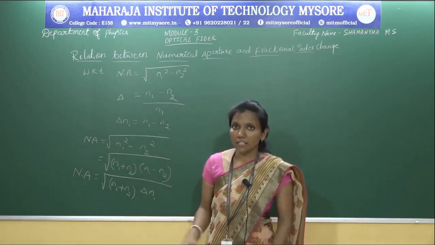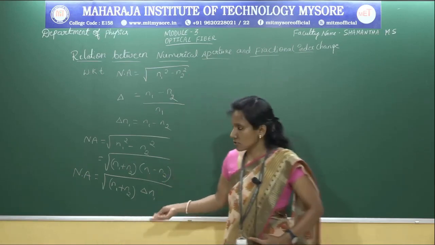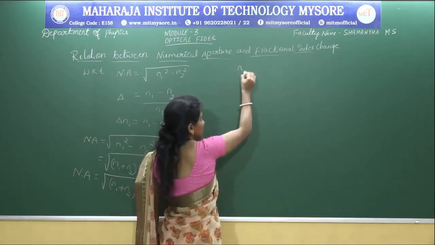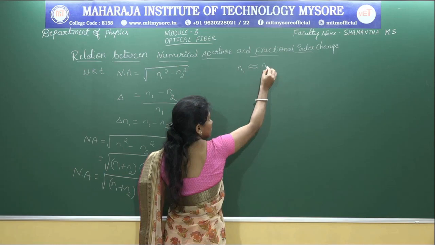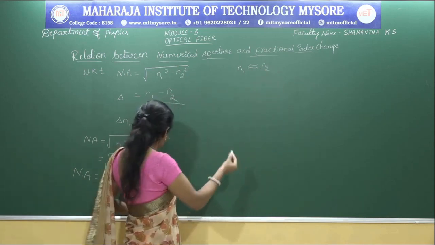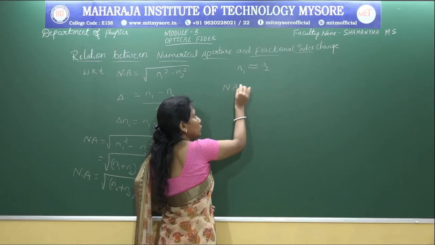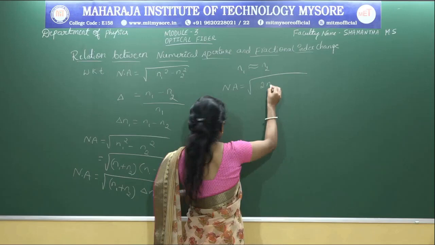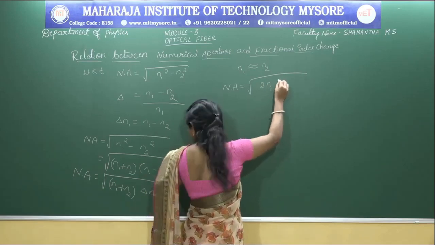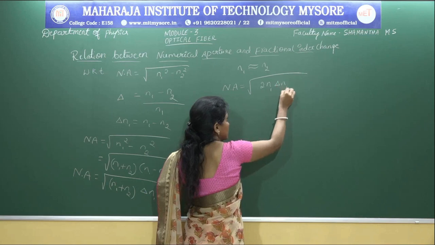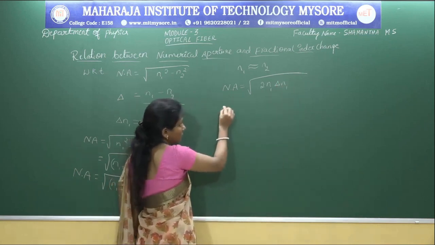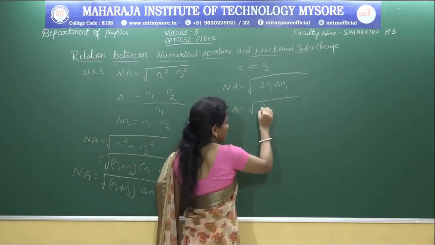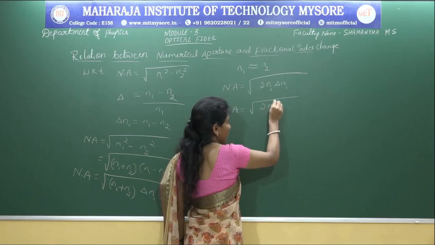If n1 is nearly equal to n2, then the equation becomes numerical aperture is equal to root of 2 n1 delta n1, which is root of 2 n1 square delta.